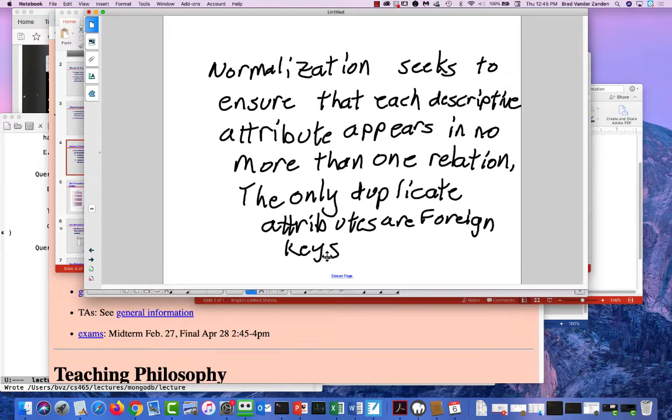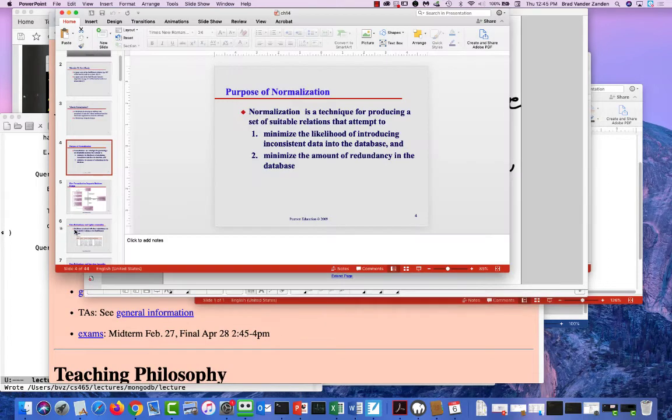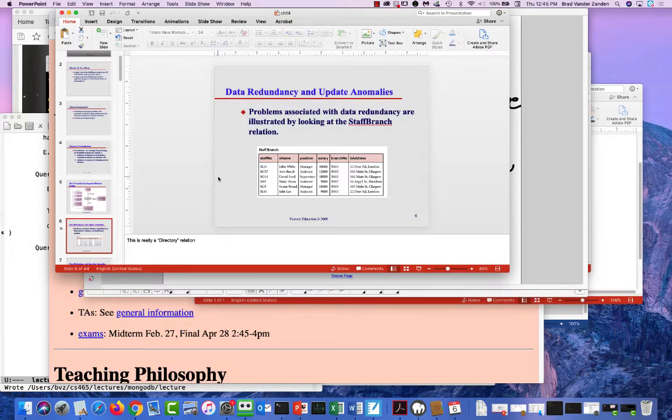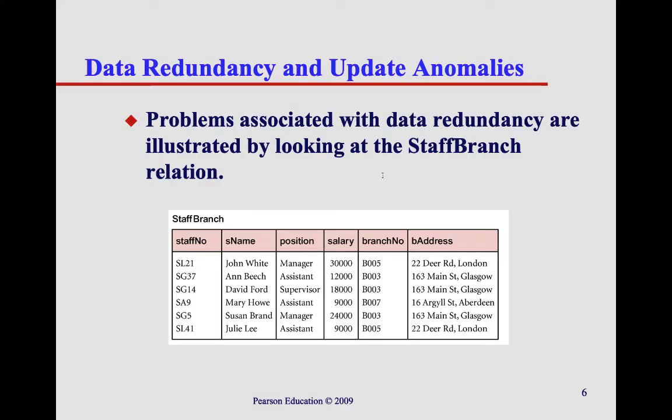So what we're showing here is two entities conflated together, staff and branch. We're showing all information about staff members, the branch that they work at, and the address.